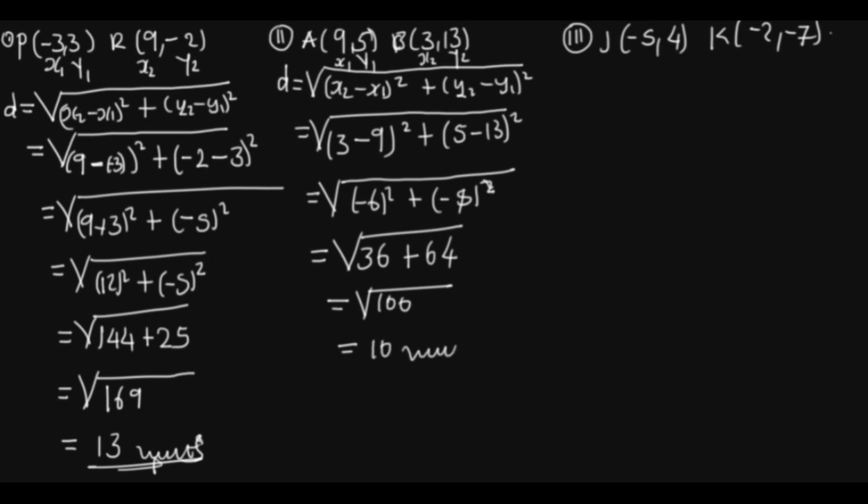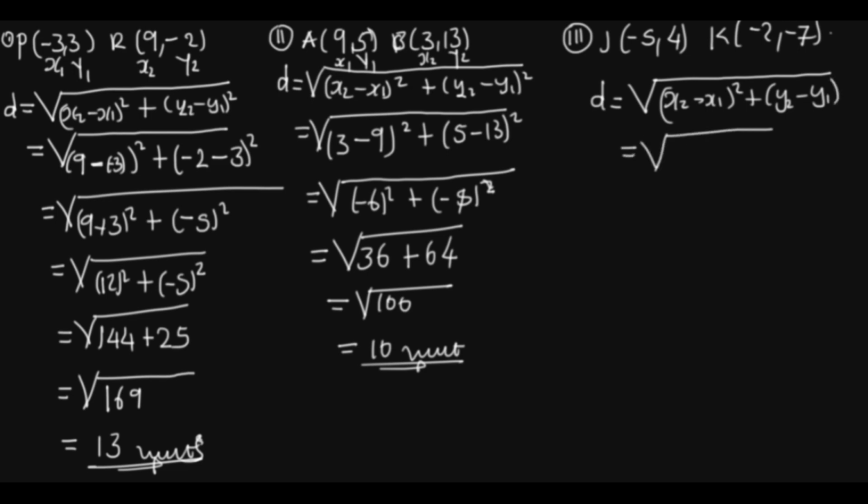The square root of a number is the number that you can multiply by itself to give you the number under the root. Okay, now let's do our last example. Here also the formula is distance equals the square root of (x2 minus x1) squared plus (y2 minus y1) squared.